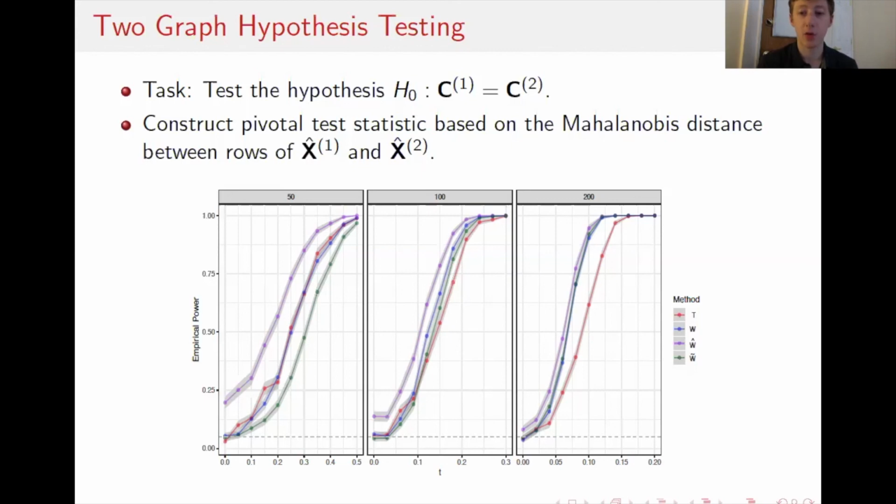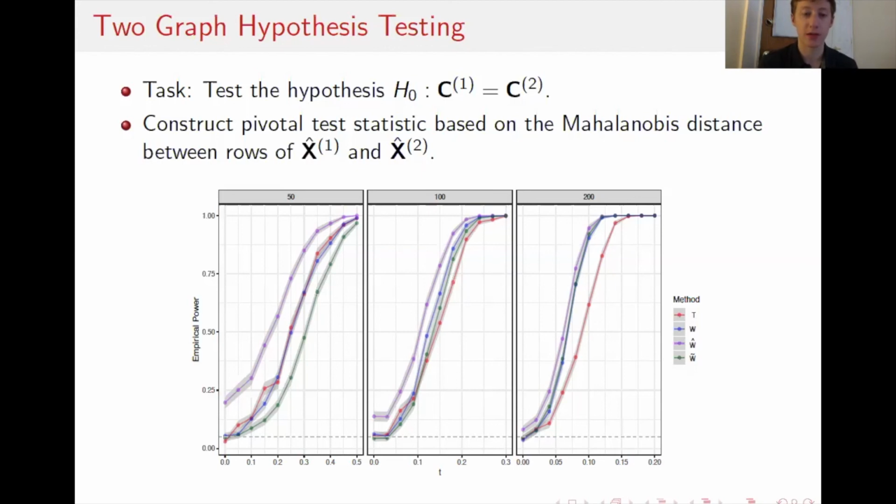The blue, purple, and green curves correspond to test statistics based off of our pivotal test statistic. You'll notice for networks of size 200, all three of these methods appear to have higher power than this Euclidean-based statistic.